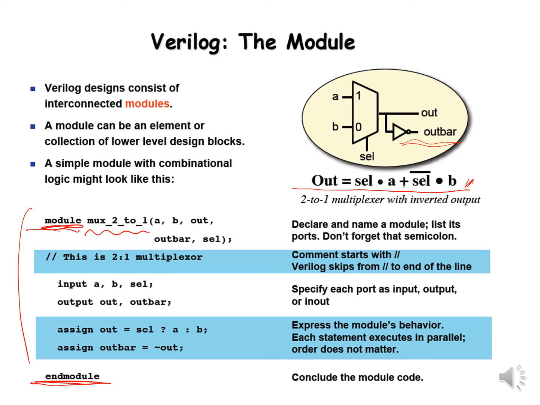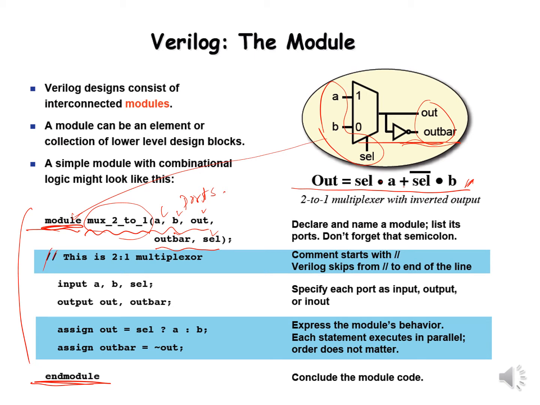This block starts with module and the name of the module here. Now you describe all the input and output ports. So we have inputs A, B, and sel, and outputs out and out bar. So five signals, 1, 2, 3, 4, 5 signals are defined here.